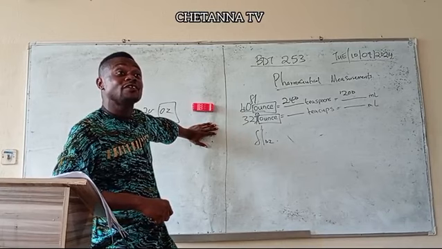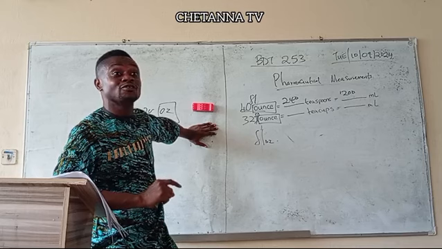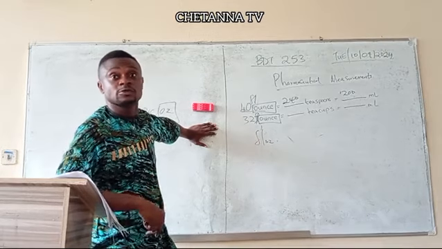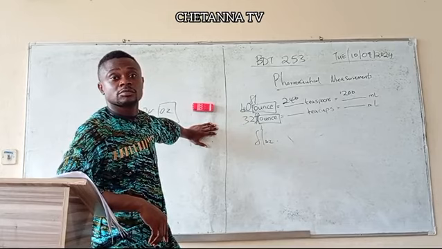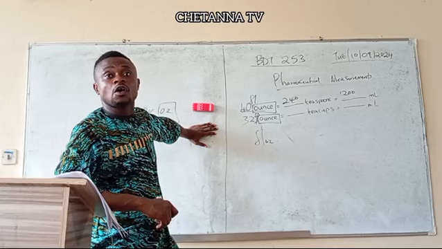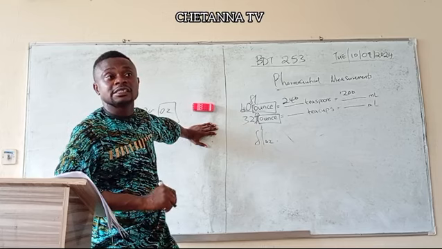Basically, what is the relationship between fluid ounce and teaspoon? One fluid ounce is how many teaspoons?